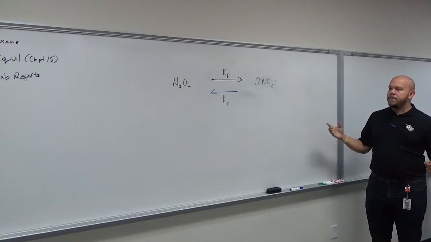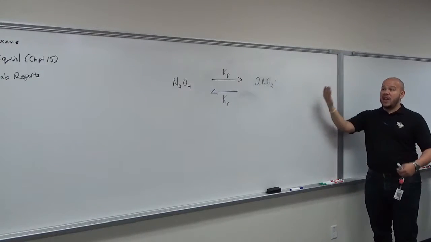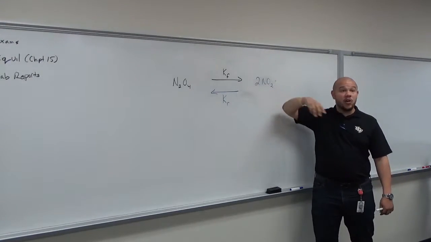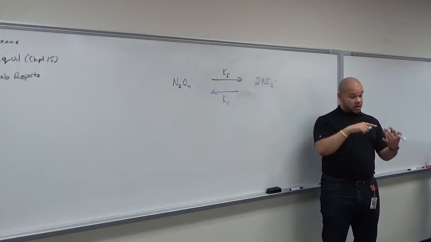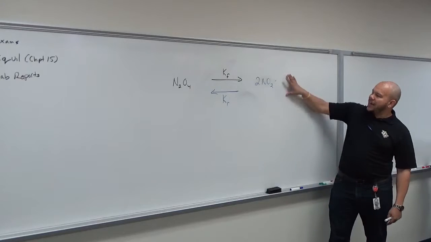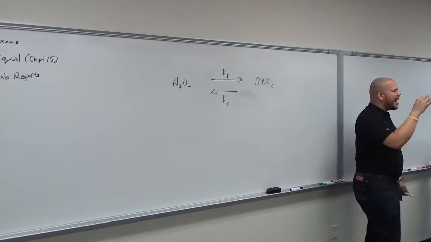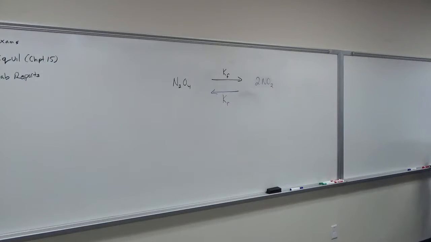Now, we should understand at this point that the Kf is going to be large or small as a function of temperature or nature of reactants. Now, what is occurring in a chemical reaction when we make a product? That is not something you've been taught to this point.